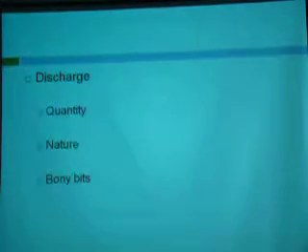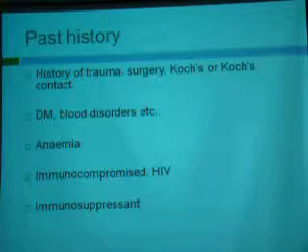Next is the discharge, the quantity of discharge, whether it is serous, purulent, or hemorrhagic, and whether there is a history of any bony bits. Certain conditions like Madura foot will have a classical history of black granules that will lead you to a diagnosis.